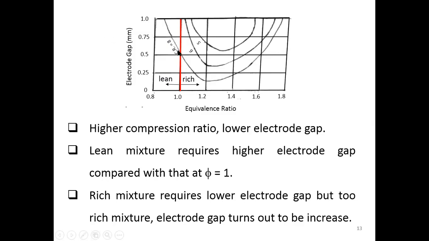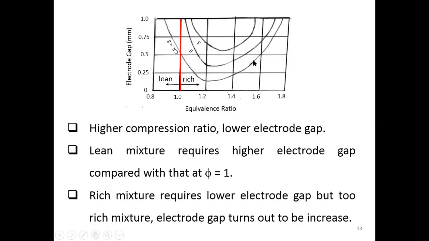So that engine needs a higher electrode gap here. But for rich mixtures, for this side here, the electrode gap is getting smaller and smaller, until it starts to reach a point where the electrode gap has to increase.